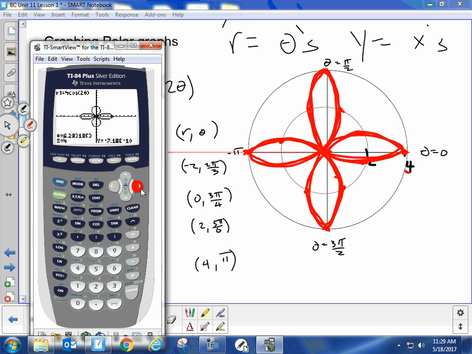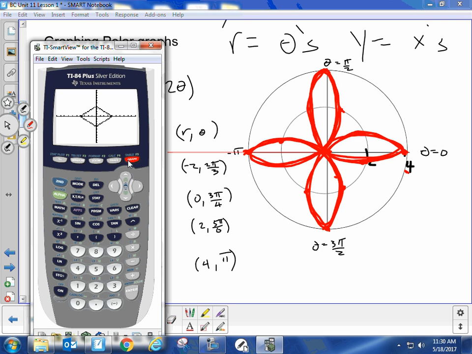Fantastic. Okay. Now watch what happens if I change this theta step to like pi over 2. My graph changes to that. What? Why? What's going on there? Does that mean this is wrong?